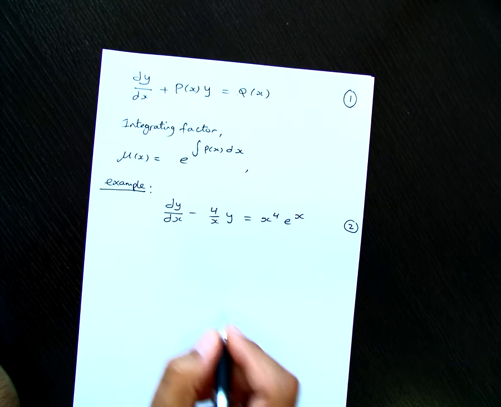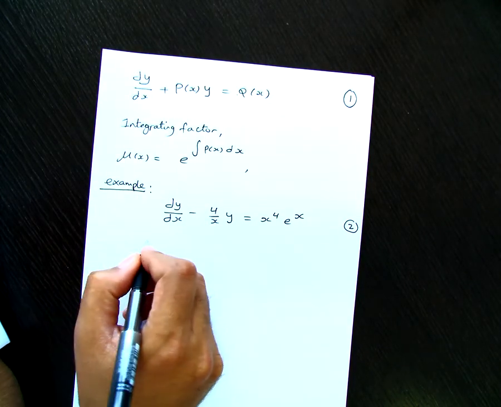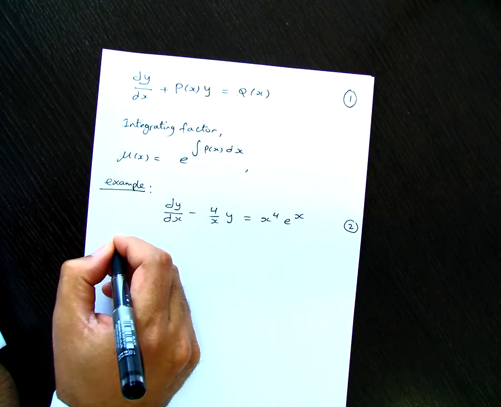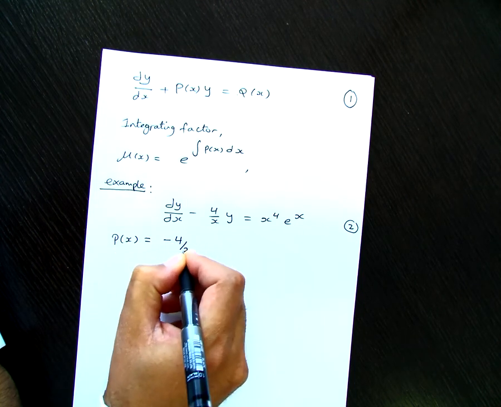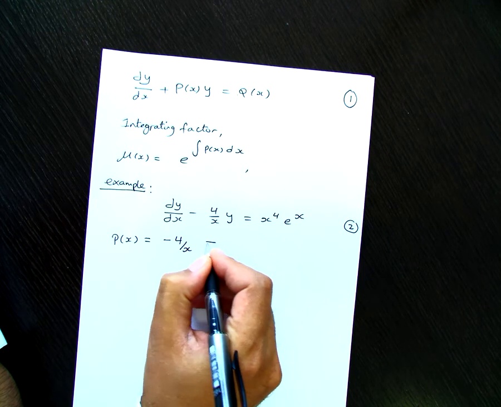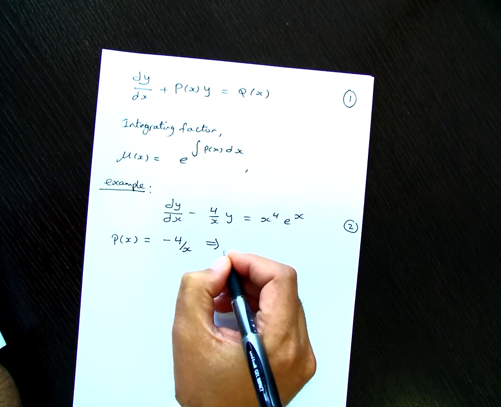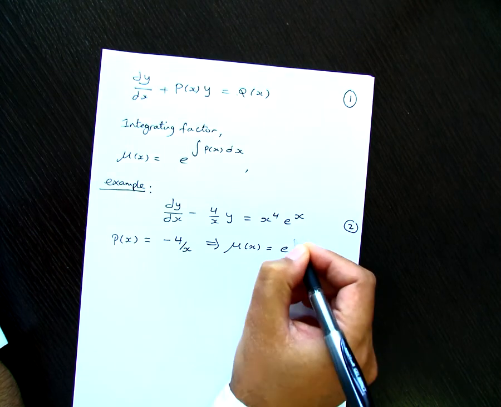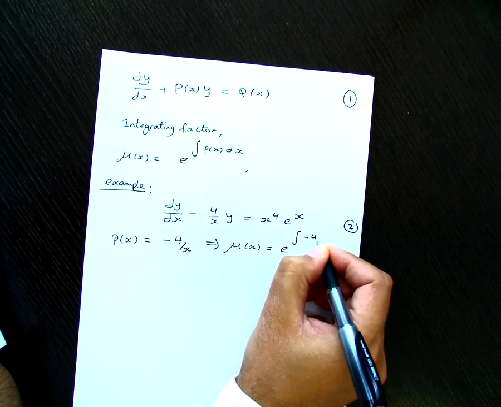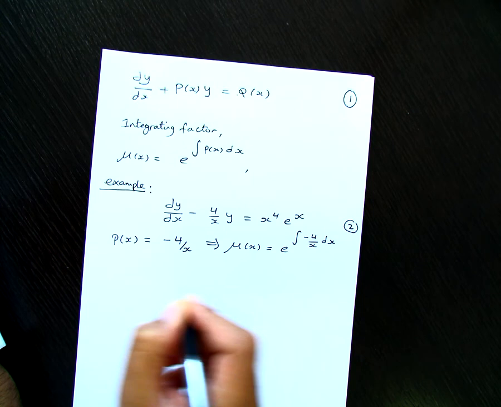Now if you look at equation 2, you can immediately identify p(x), which is minus 4 over x. So this means our integrating factor mu(x) is equal to e to the integral of minus 4 over x dx.